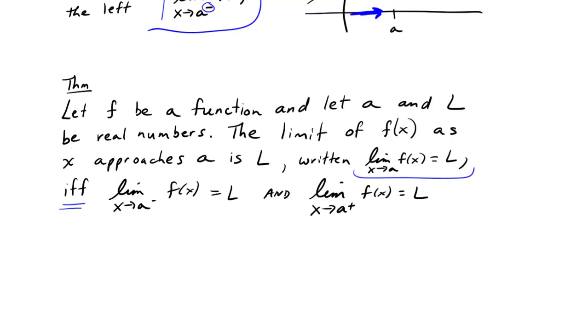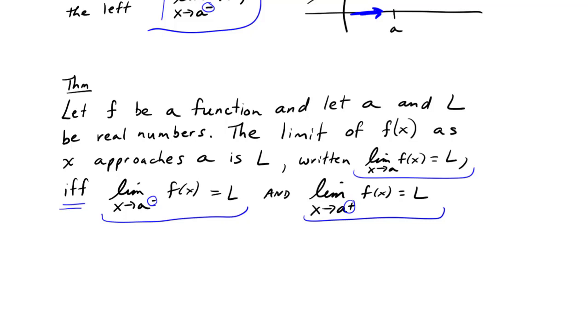It's something you might learn in a logic course. I'm not going to go into that right now, but that's stronger than just saying if. If and only if the limit as x approaches a from the left of f of x is L, and the limit as x approaches a from the right of f of x equals L.